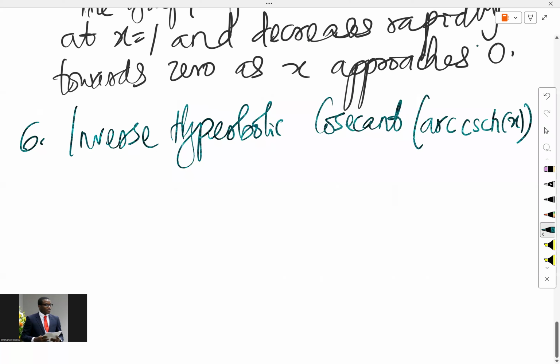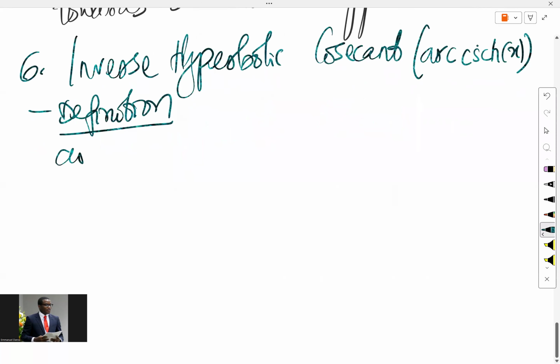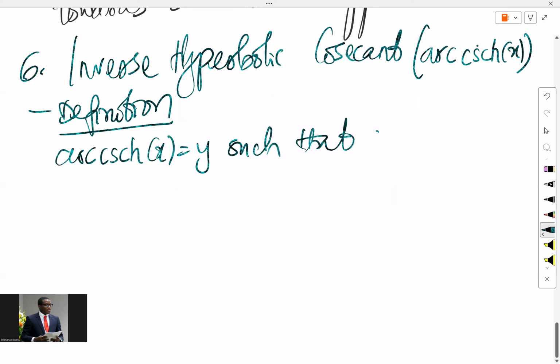So for the definition, we have arccsch x, which is y, such that csch y is equal to x.